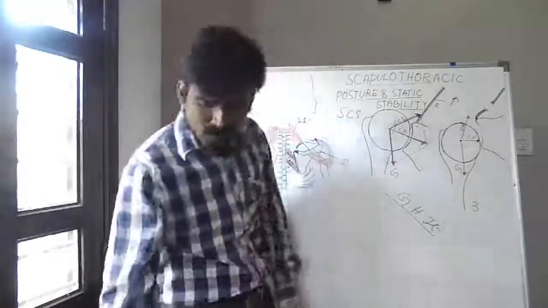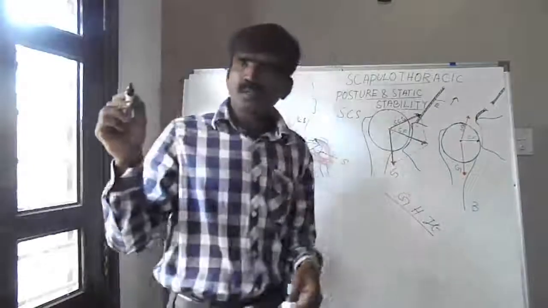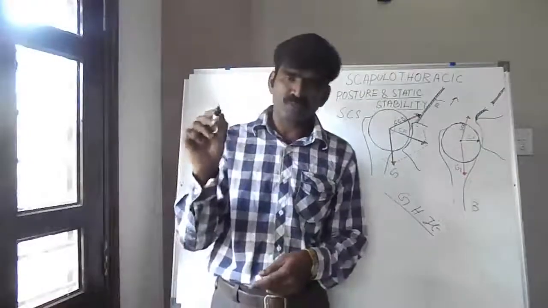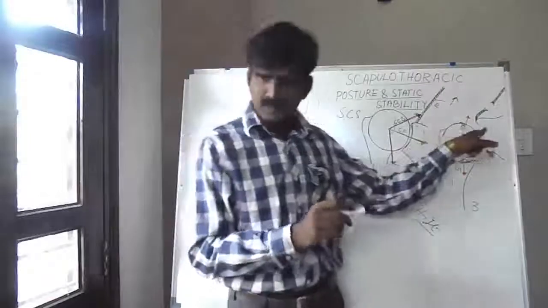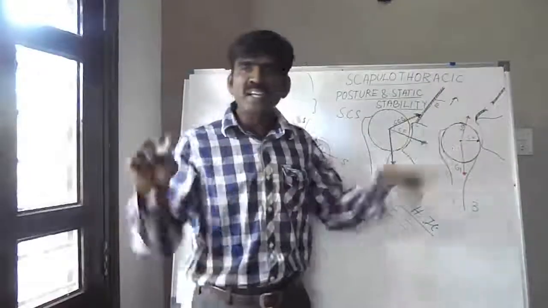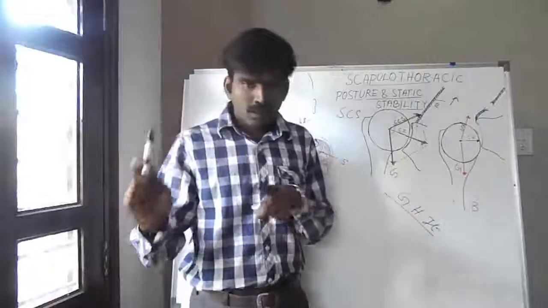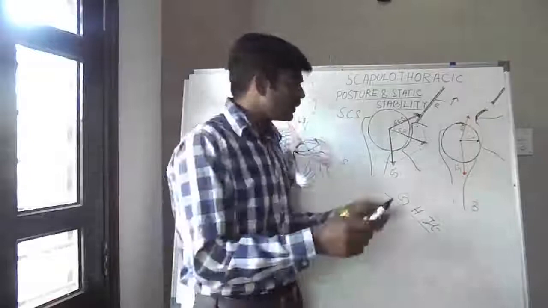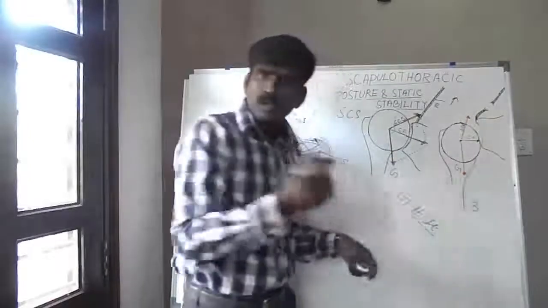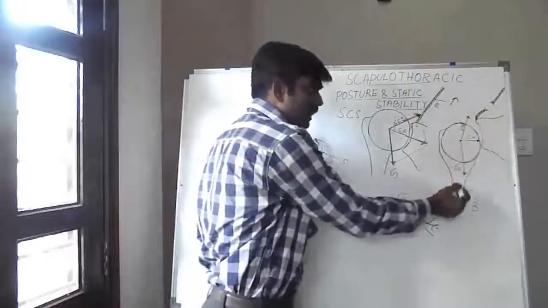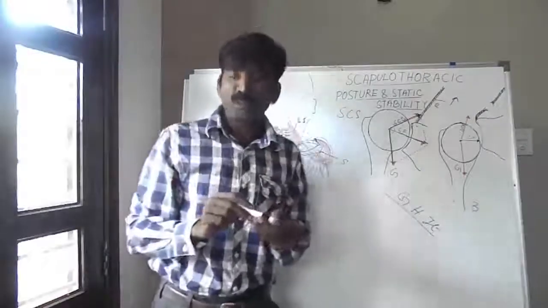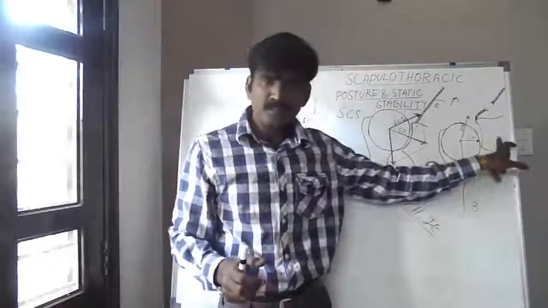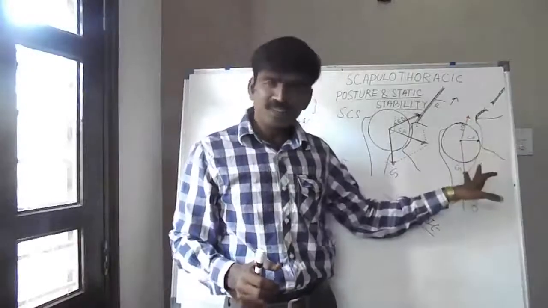Clear? So now gravity is the force which is responsible for maintaining the posture of the scapula. Previously, the elevators were maintaining the ideal posture of the scapula. If the elevators are paralyzed, gravity is the main force, and the gravity force is acting more.